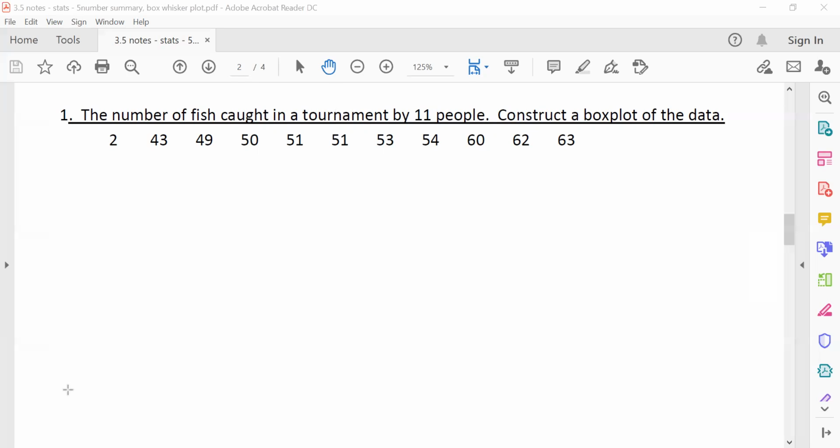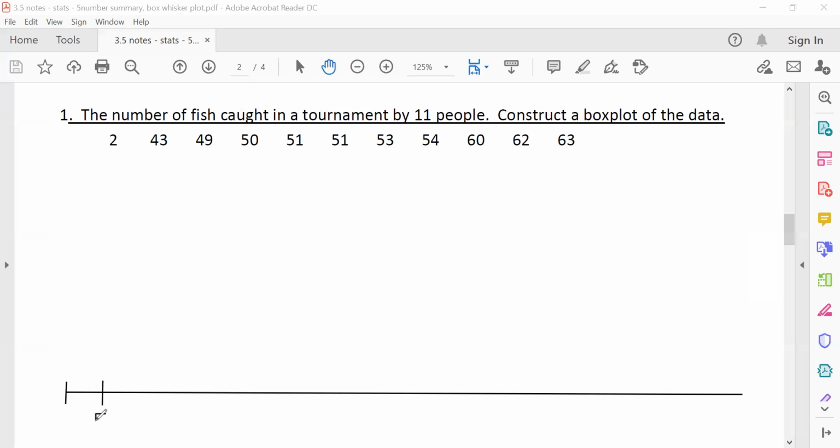So let's draw ourselves a nice healthy number line. Let's count by 5s. Something like this.